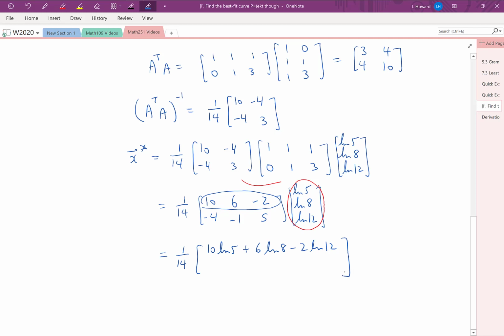So that is one number that's going in the top row. And in the bottom row, minus 4 ln 5 minus ln 8 plus 5 ln 12. Okay, so that is just a 2 by 1 matrix, just a single vector there that contains two numbers.